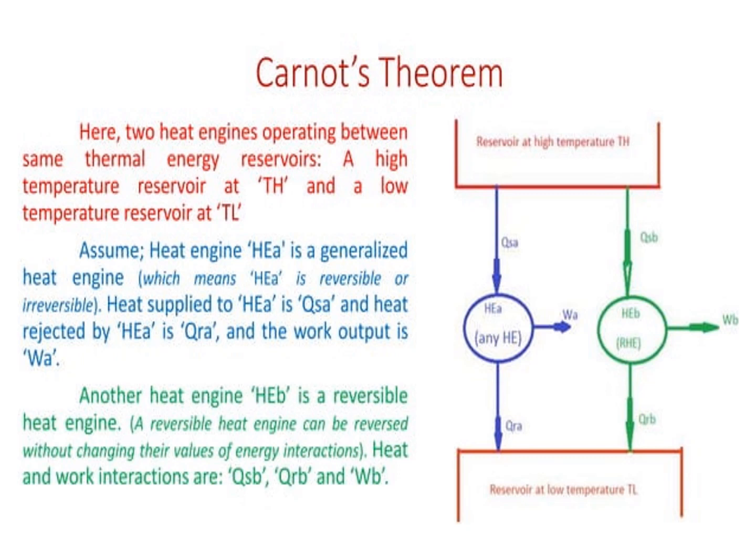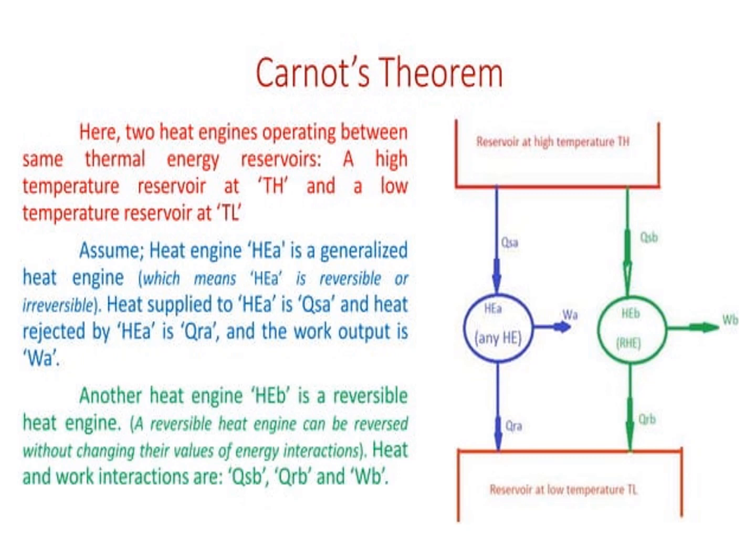HEA is a generalized heat engine, reversible or irreversible. The heat supplied to HEA is QSA, the heat rejected by HEA is QRA, and the work output is WA. WA and WB are the work outputs of heat engines A and B.